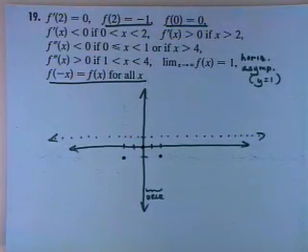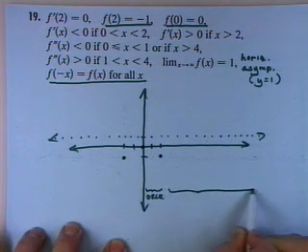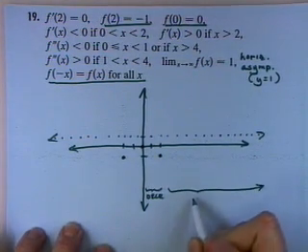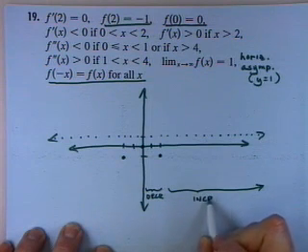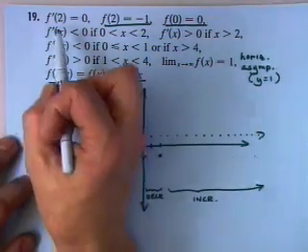First derivative is positive if x is greater than 2. So any x value greater than 2. What's it doing out here? Increasing. Okay, anything else that we know about the first derivative? Is it 0 at 2? Okay, let's go back and pick this up.